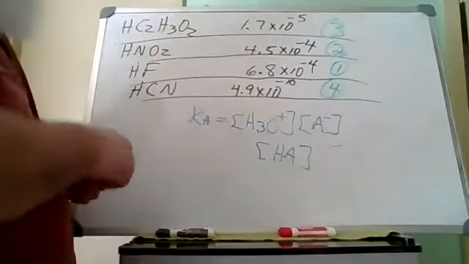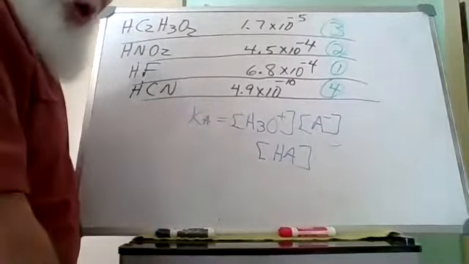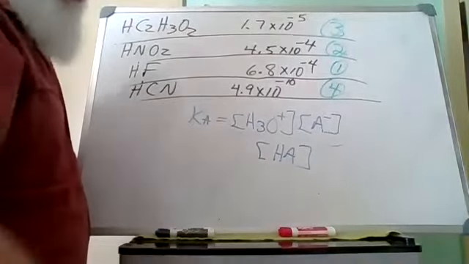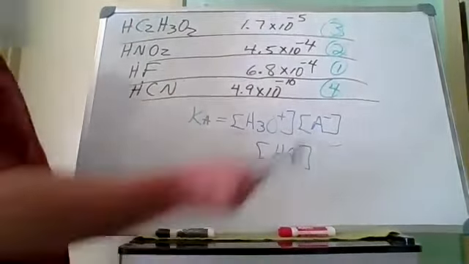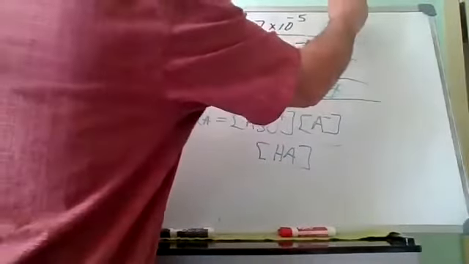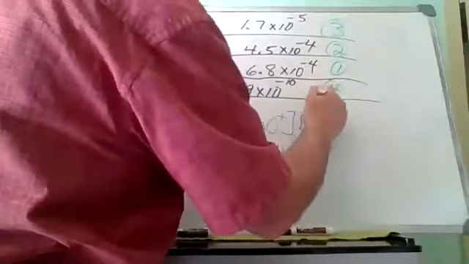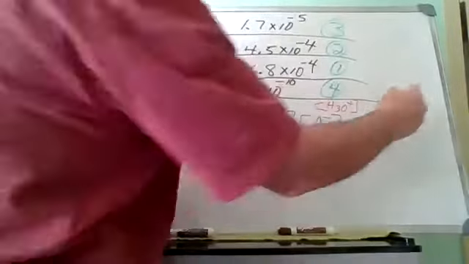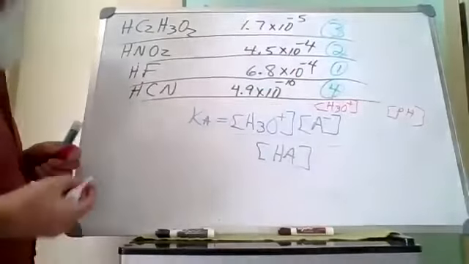But remember that a big hydronium ion concentration gives a small pH. pH 1 is a bigger hydronium ion concentration than pH 6. So this column is ranked by hydronium ion concentration, and this column is going to be ranked by pH, so it's going to be the inverse.